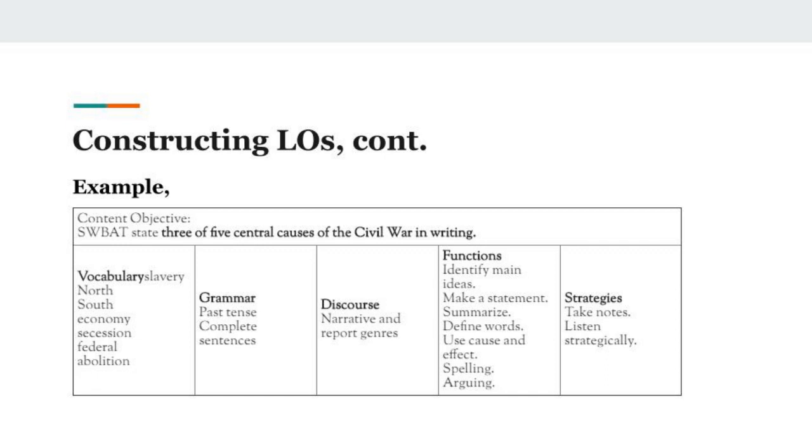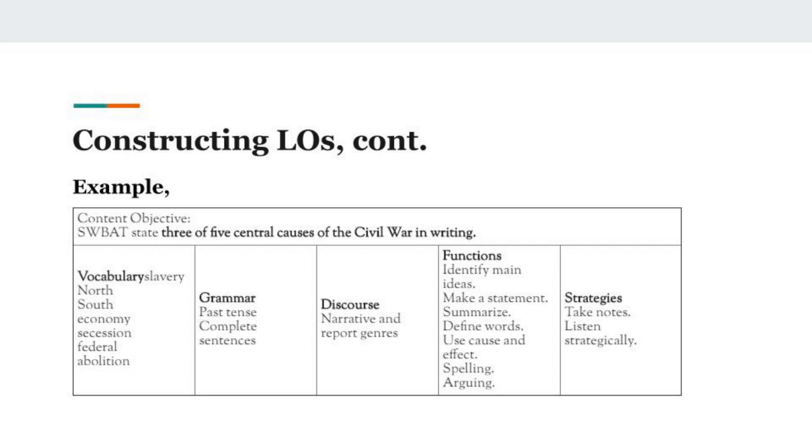So they also need grammar to form past tense and complete sentences. And we know how complicated tense could be. There are several forms, all used to indicate a past tense. And complete sentences also have their own ways of construction.